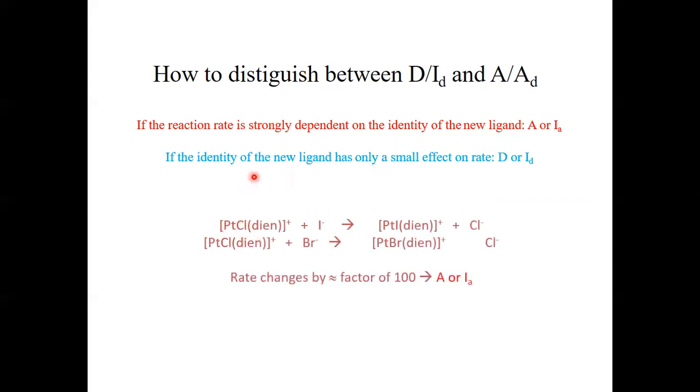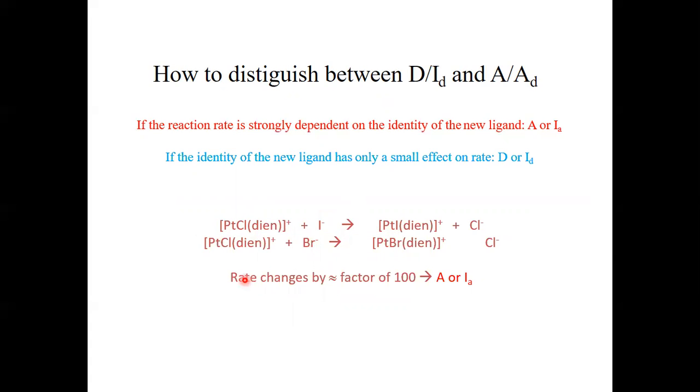And this we can actually see from this example here. So for instance, here we have a diethylene triamine complex with platinum and a chloro ligand attached, and we can substitute that chloro ligand by an iodo ligand. And we can do the same reaction also with bromide and substitute the chloride with bromide.